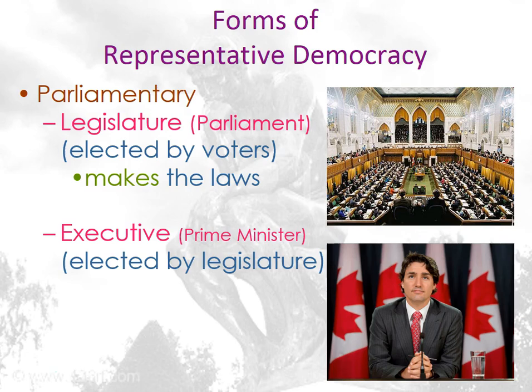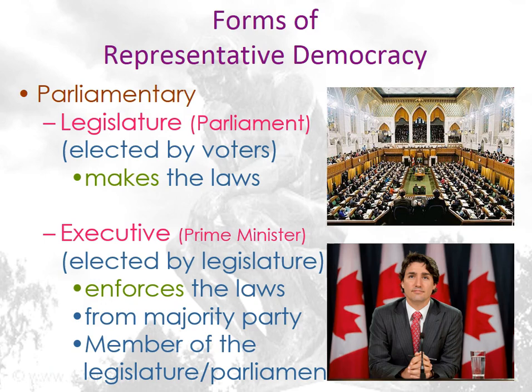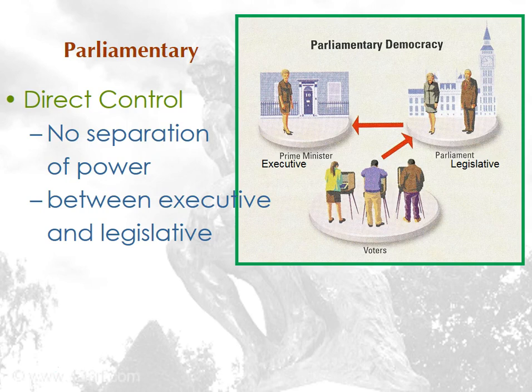They also get to select what is known as the prime minister. So we've got a system where instead of separation of powers, we've got joint powers. So the parliament makes the laws, and they get to pick the executive, the prime minister, the people who are going to enforce the laws. So you can see that happening in this graph.